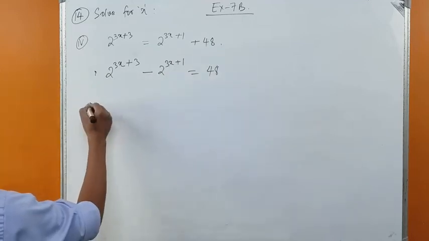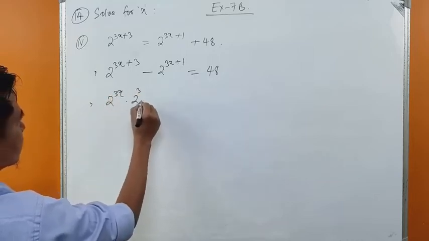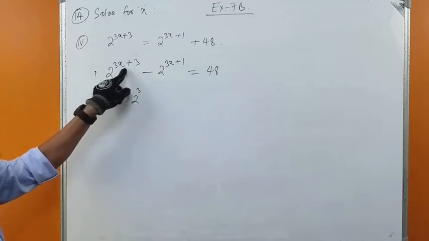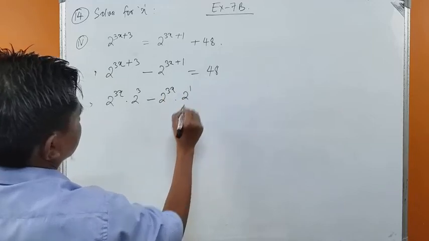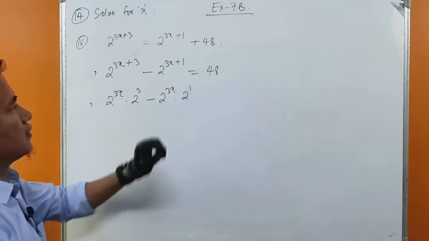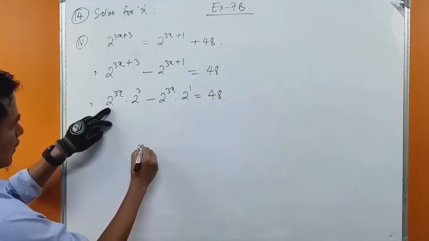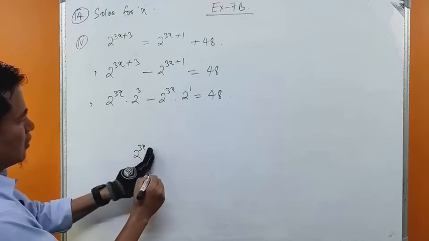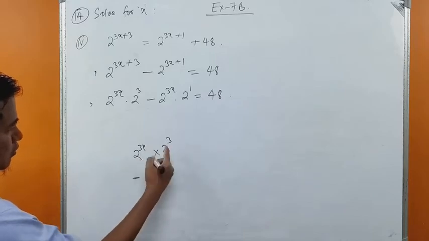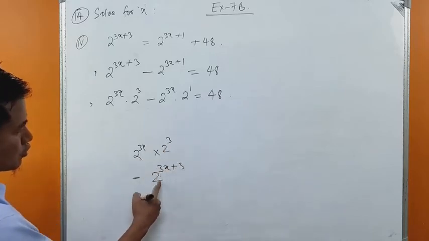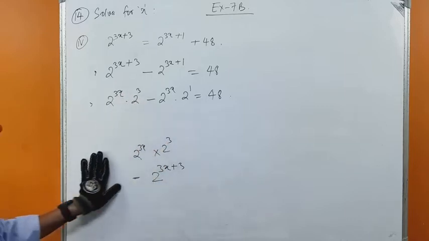Or 2 to the power 3x plus 3 minus 2 to the power 3x into 2 to the power 1, same base, power gets added, equals to 48. 2 to the power 3x plus 3 can be written as 2 to the power 3x into 2 cubed, the same thing.